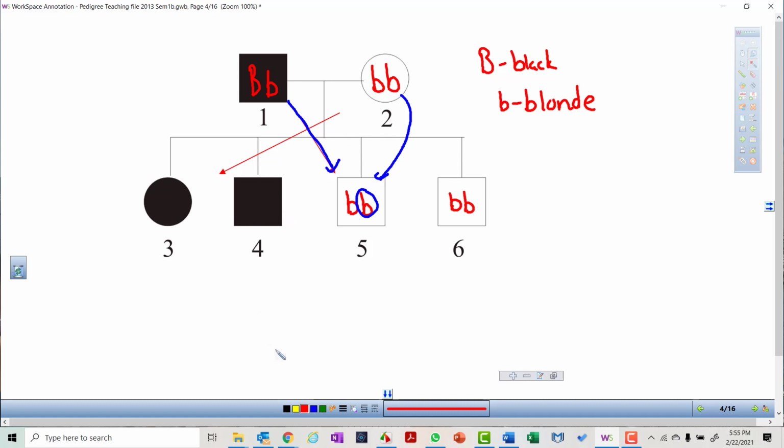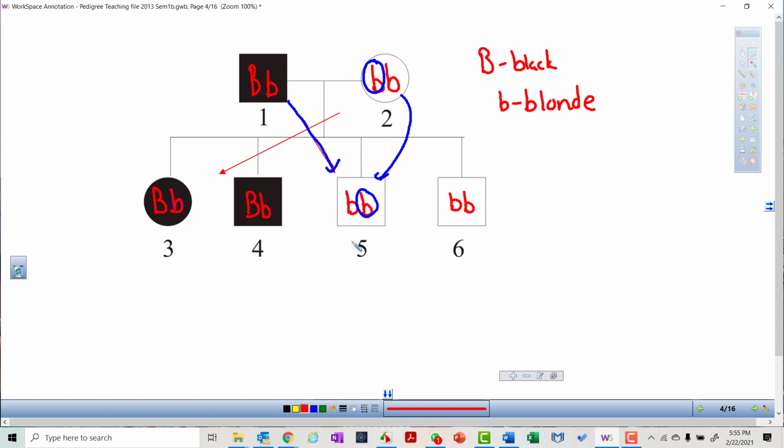For 3 and 4, I can also use the same logic but reversed. So if I take a look at this parent, I know that this parent only has small b's to give. So that means they must have given a small b to each of their children. That's all they can give. I also know that the other one must be a big B because they have the trait. So now I have solved what this pedigree looks like.